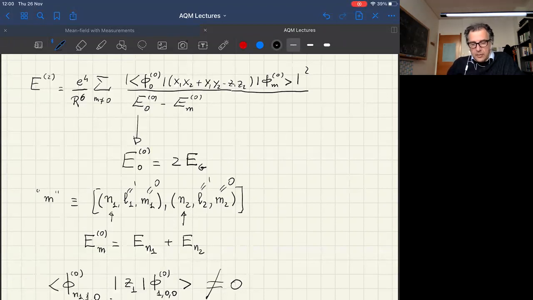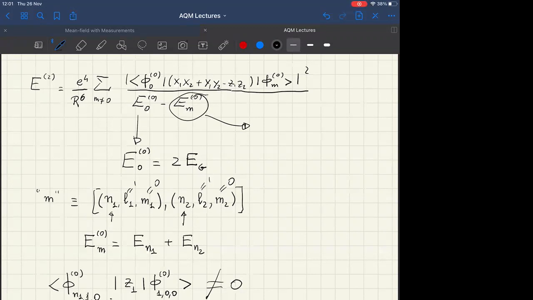Still, the problem is pretty complicated. Well, don't worry. There is an extra approximation that you can do, and this will simplify your life. Do you remind me how the excited state energy depends on the principal quantum number? 1 over n squared.